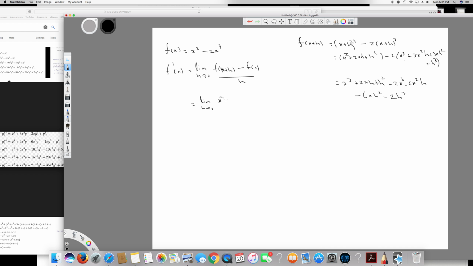So it's going to be x squared plus 2xh plus h squared minus 2x cubed minus 6x squared h minus 6xh squared minus 2h cubed, and then I'm going to put this value right here: minus x squared minus 2x cubed, over h.